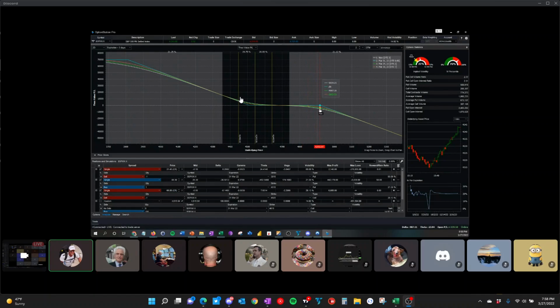By selling the call, they pay for this. So you can see they're flat in a range, 3.5% to 5% above where they were and then 5% below. And they make money if the market falls from 5% to 20% down.